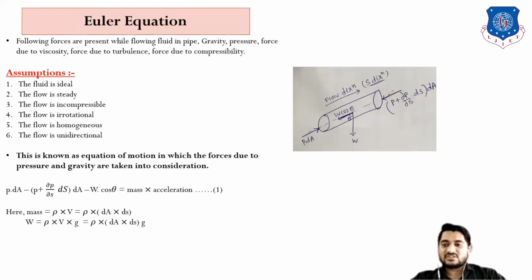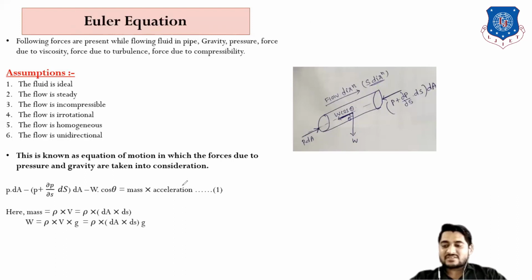Clear students? So this is acting against the inlet pressure. Now weight W. W is always in the downward direction at 90 degrees. So suppose this angle is theta. So this component will be W cos theta in the downward direction, right?